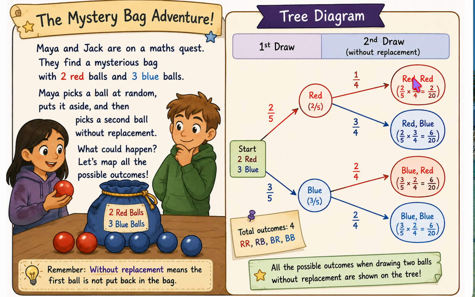That means having a different color, red blue or blue red, should end up being 60%, because the total should always add up to 100%. So when you look at all the fractions and you add them, make sure that it equals 1. 1 represents 100% in our probability world. So that's the trick with replacements.